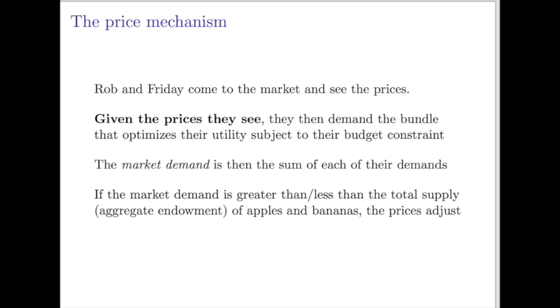It has to adjust until it's just equal, in other words, until we get to an equilibrium. And that has to be true for both markets. So until we get to an equilibrium in both markets, the prices are going to have to keep adjusting. And the price mechanism is what adjusts those.